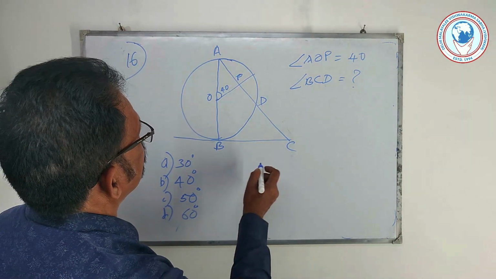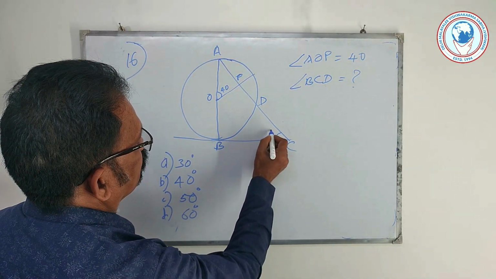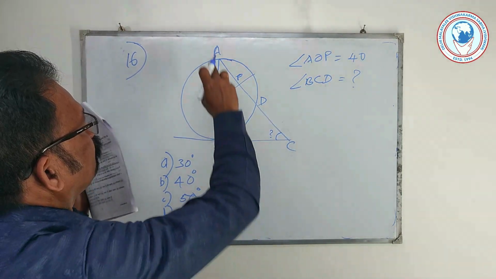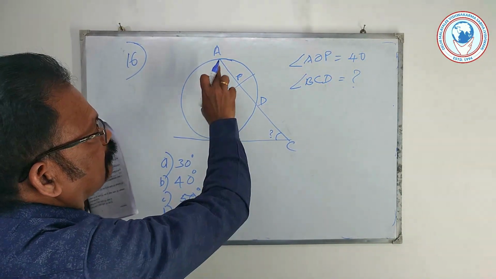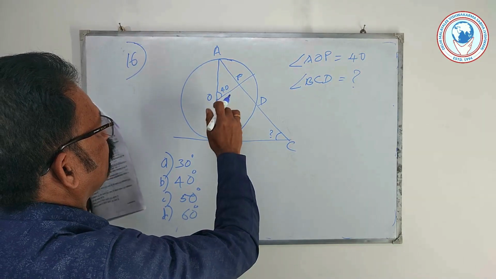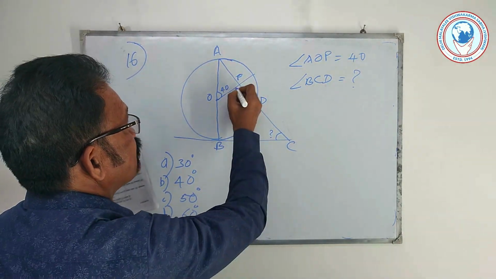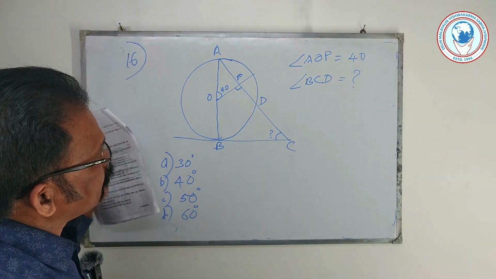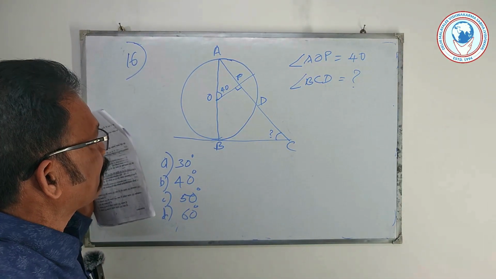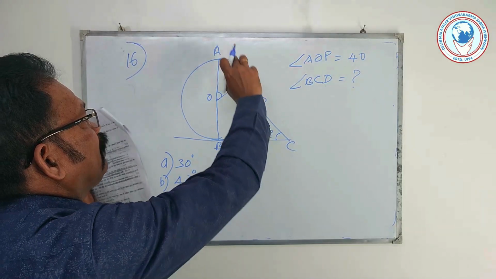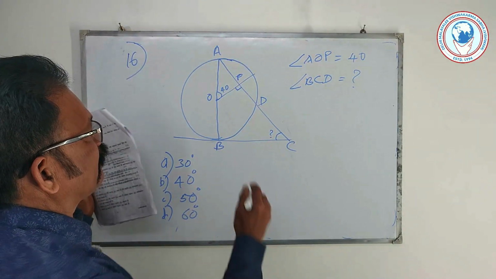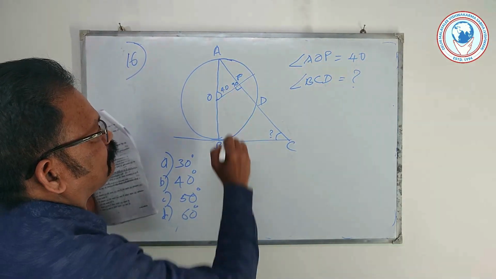Angle BCD, this angle. Now in this one, angle AOP is equal to 40. Given that OP bisects AD. Since OP bisects AD, OP is perpendicular to AD. Therefore, this angle becomes 90.